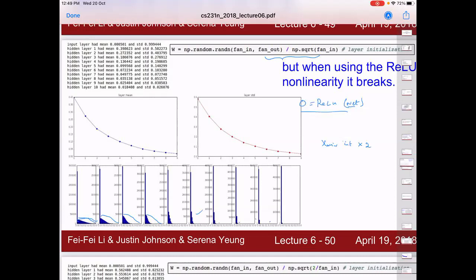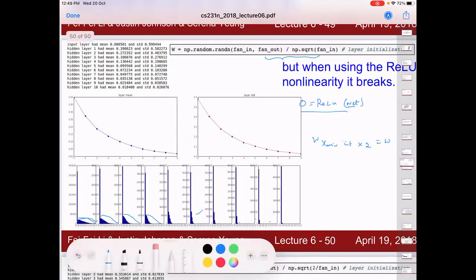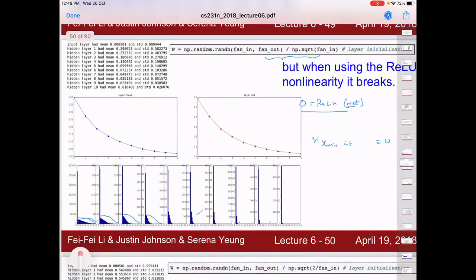In that way, we initialize W Xavier times 2. That will be more suitable for training neural networks when we use the ReLU activation function. That is usually what is done.